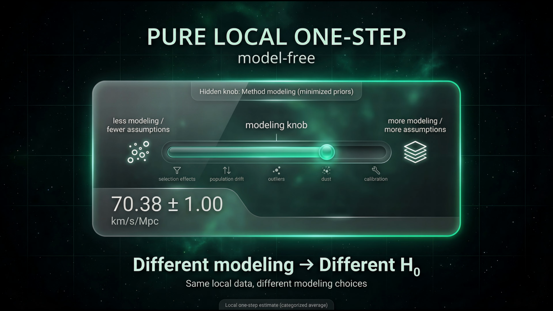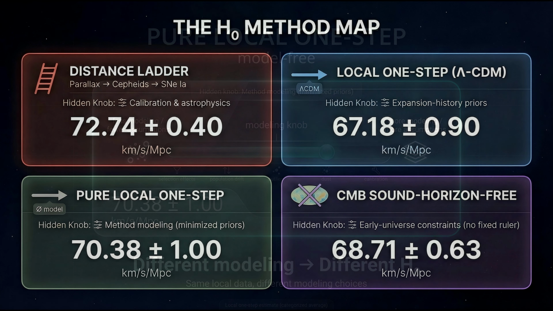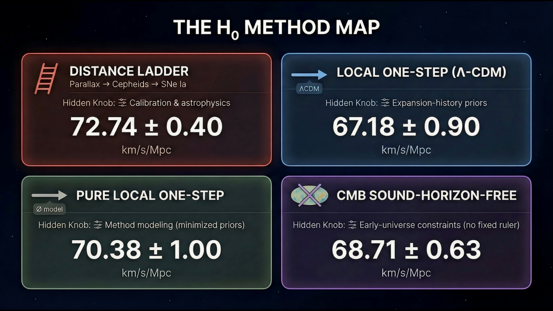Or does it share hidden dependencies through catalogs, selection, or population modeling? Now the last family is the one that sounds familiar, but we're going to handle it carefully. Because this is where most people say, aha, Planck measured 67. And that sentence is exactly why people talk past each other.